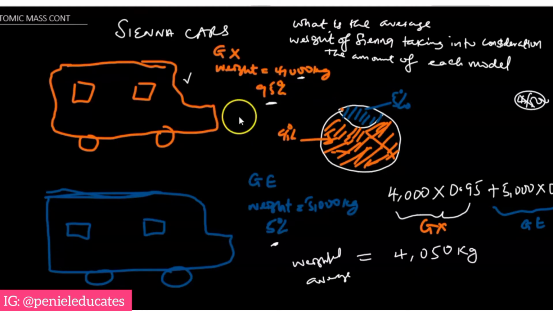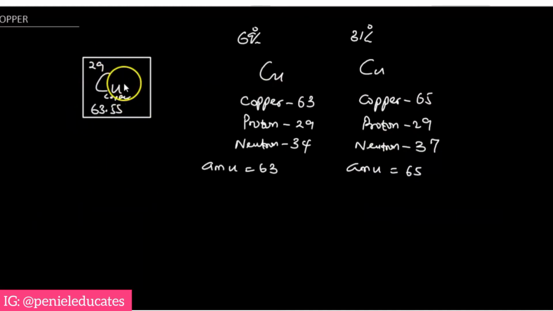Now having seen this, let's use that to solve certain problems in atomic mass. All right, so just like the Sienna, copper has the atomic number 29, and we have the atomic mass of 63.55 atomic mass unit.